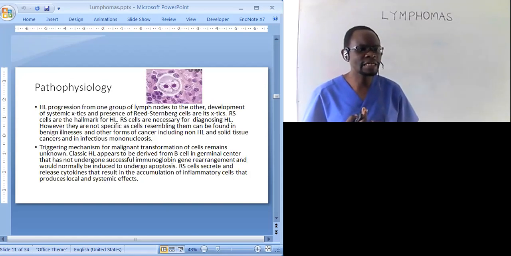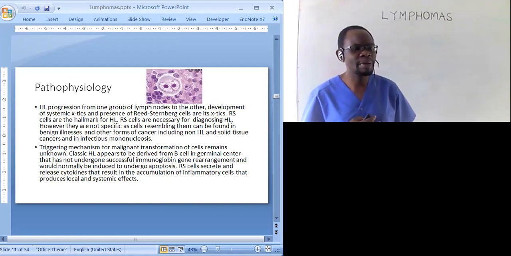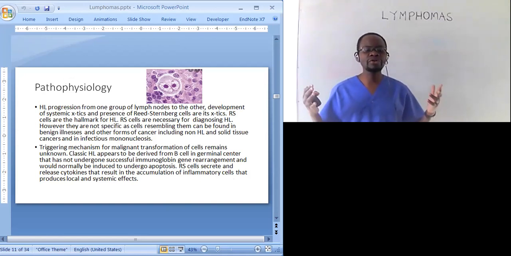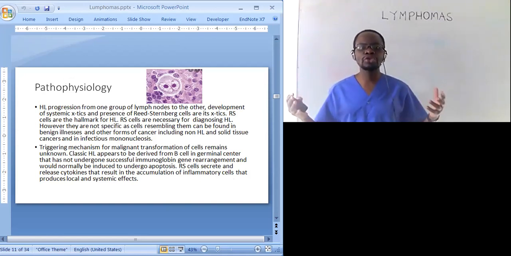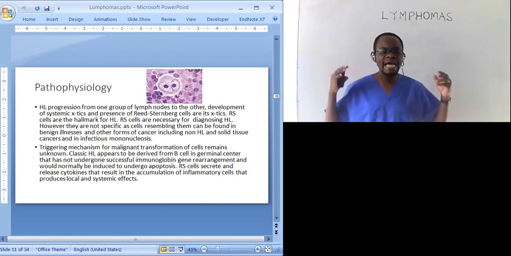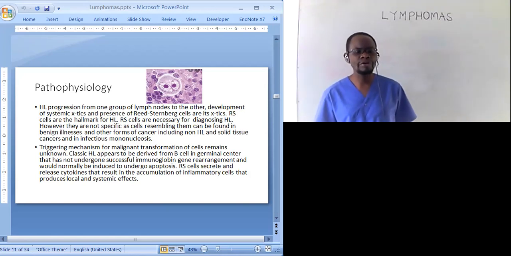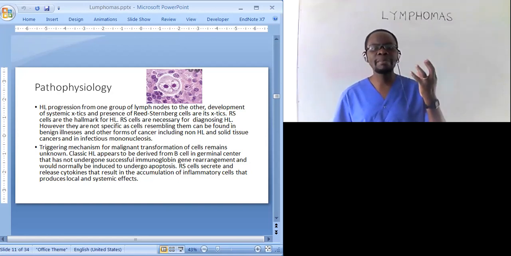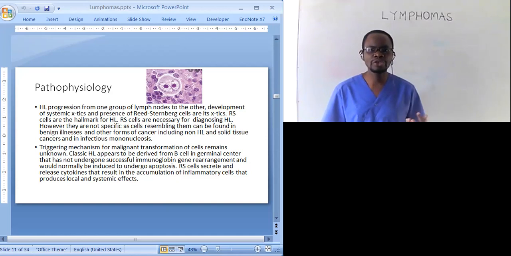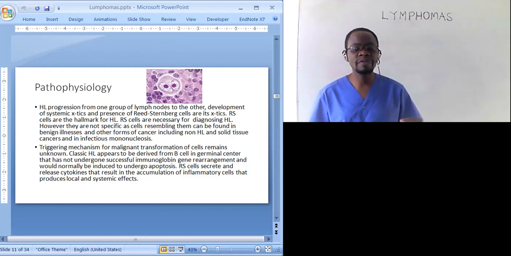Now, usually what happens, as we mentioned earlier, is these cells lose their ability to control division, and so they start dividing uncontrollably, and they end up forming cohesive masses within the tissues, within the lymph nodes, the extranodal tissues, and sometimes even within the bone marrow.